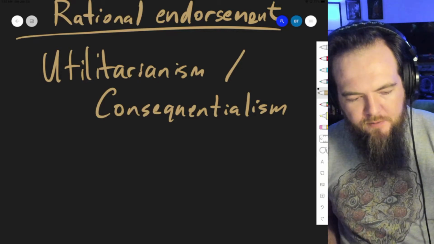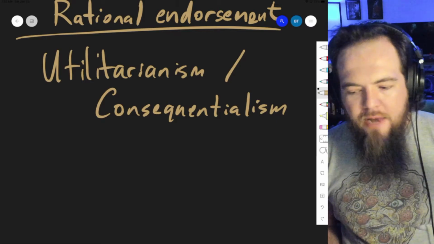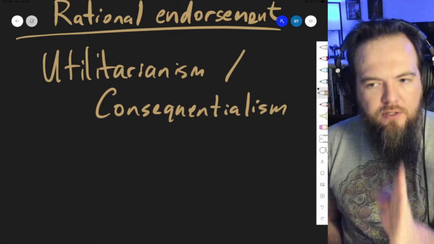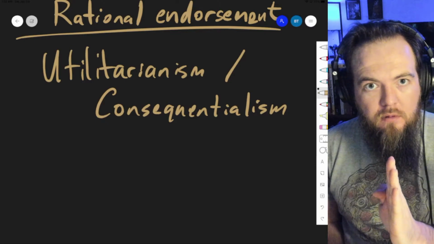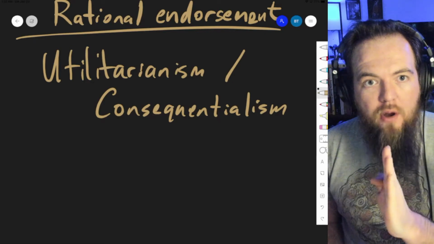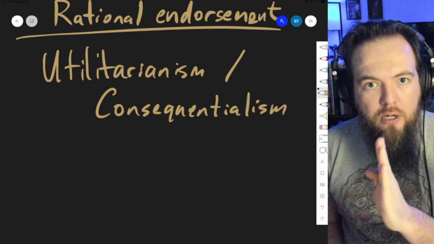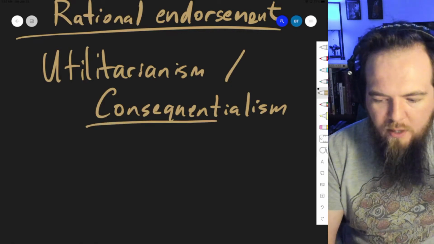So this is a very different theory. Now, rather than looking at actions as right and wrong in and of themselves, actions are only right and wrong insofar as they produce good or bad consequences. So that's why it's called consequentialism.